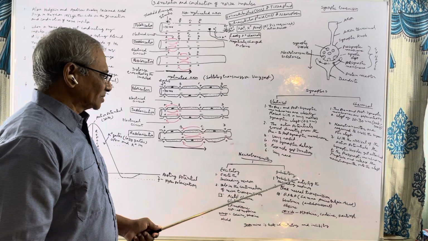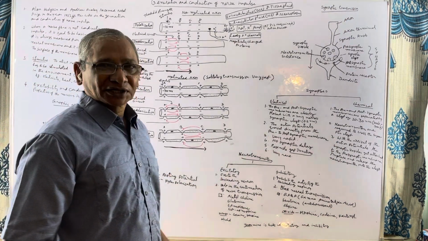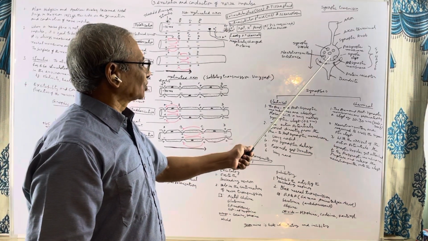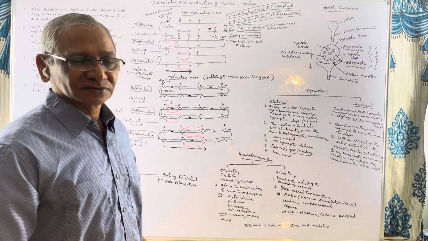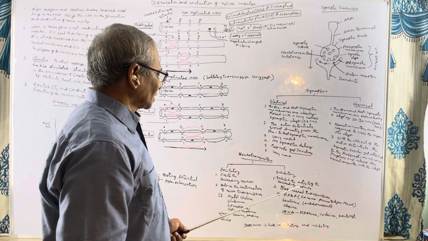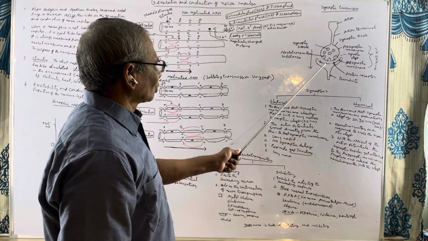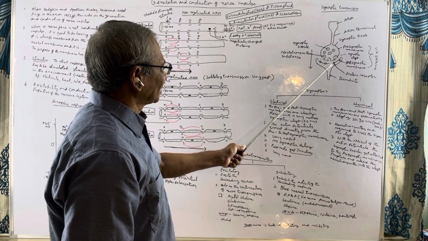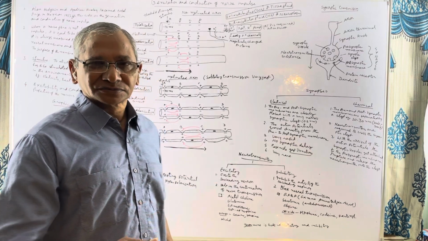Coming to the other type, inhibitory neurotransmitters, they inhibit transmission of impulse from presynaptic neuron to the postsynaptic neuron. They block the movement. They inhibit the activity of the action potentials. So, the impulse is stopped here. It cannot proceed to the next neuron. Communication is cut off.